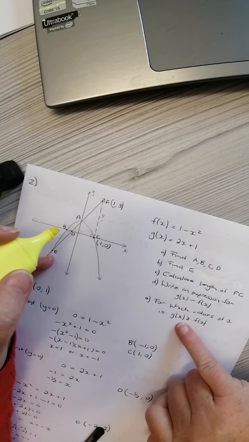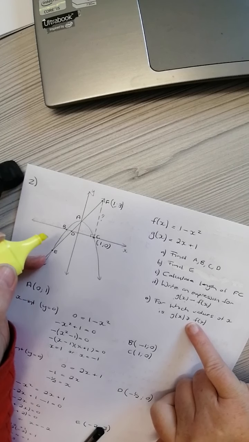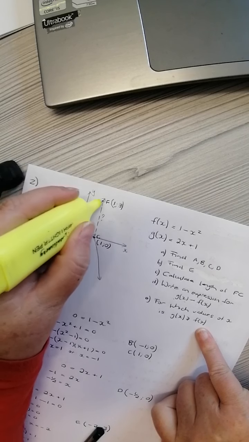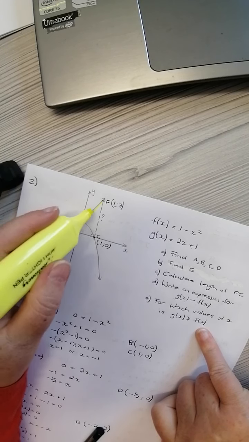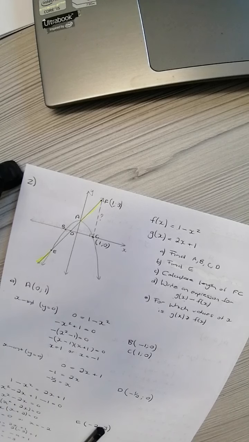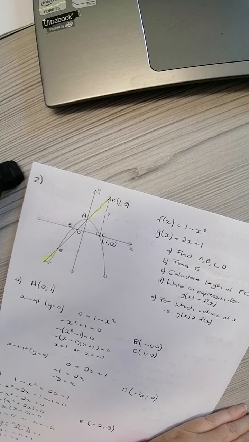They're actually asking me, g(x), the straight line, is above the parabola. Okay, and that's from there to there, because the parabola is below it. And there, and that way. Because over here, the parabola is above the straight line.